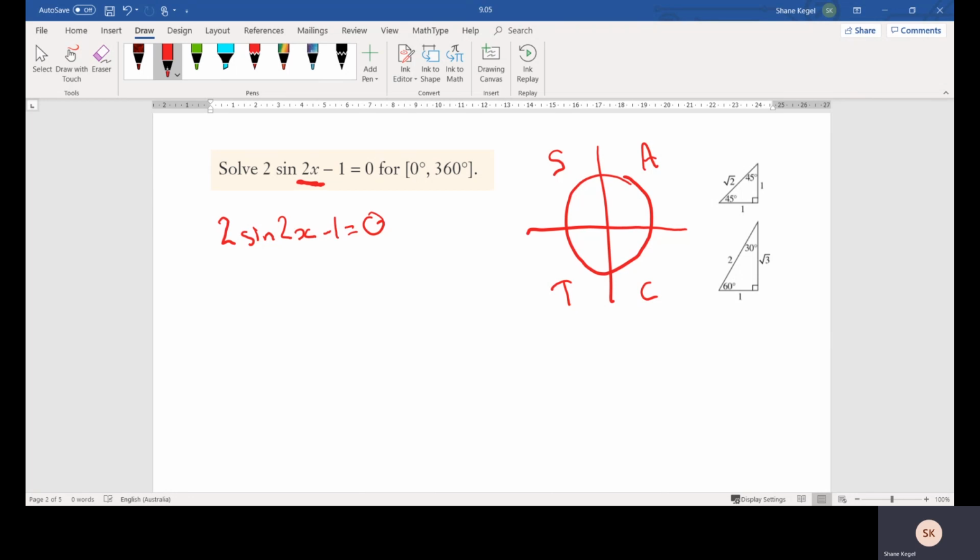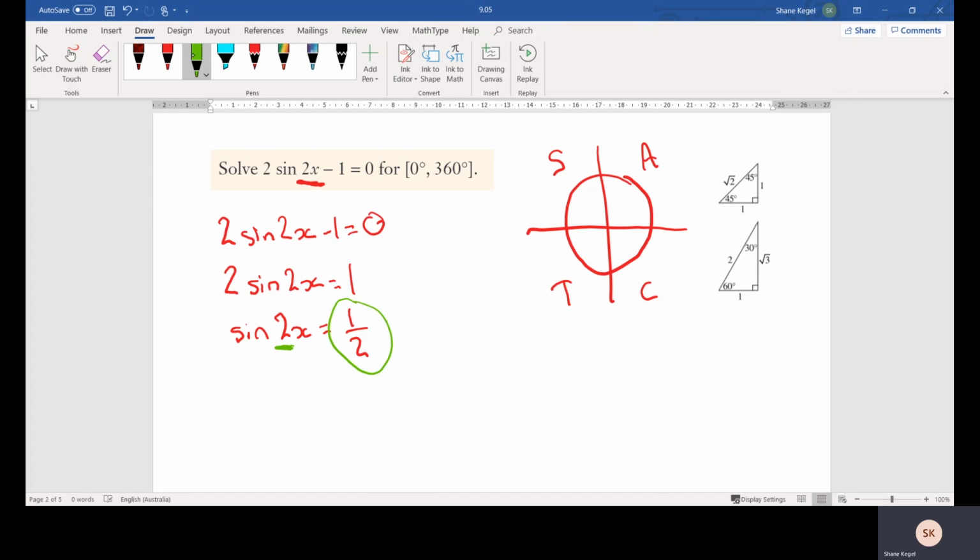So add the 1, so we get 2 sine 2x equals positive 1. Divide through by 2, we get sine 2x equals 1/2. And that's as far as I can get, remembering that my 2 value here just means I can go twice around the unit circle.